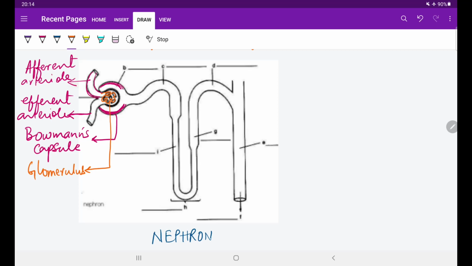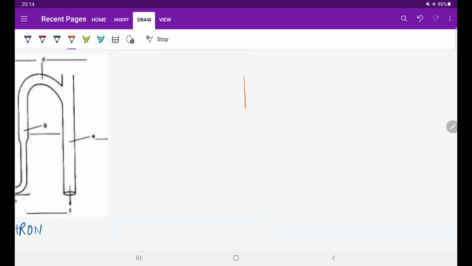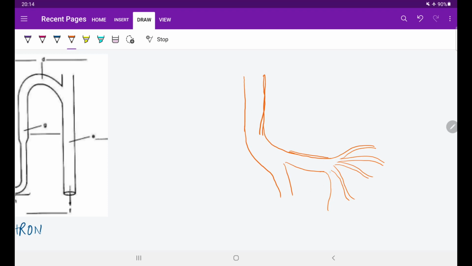So, let us understand one basic concept here. When an artery, which is thick, divides into branches, it becomes thinner, and when it branches further into even finer blood capillaries, the blood pressure starts to increase as the vessels become thinner, and in the capillaries the blood pressure is quite high.